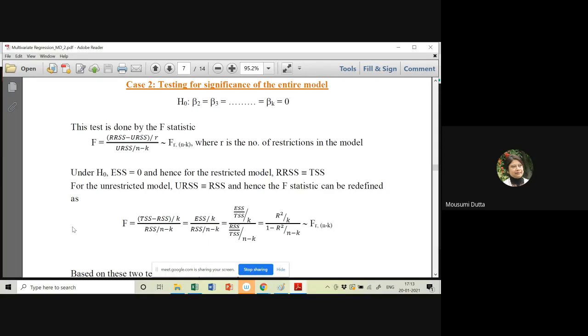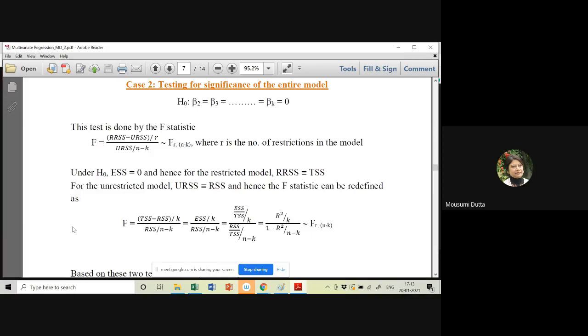Now the RSS of the restricted model is called the RRSS. So under H0, when ESS is equal to 0, RRSS is equivalent to TSS. For the unrestricted model, URSS is simply the RSS. For the original model, we call it URSS, which is equivalent to RSS.